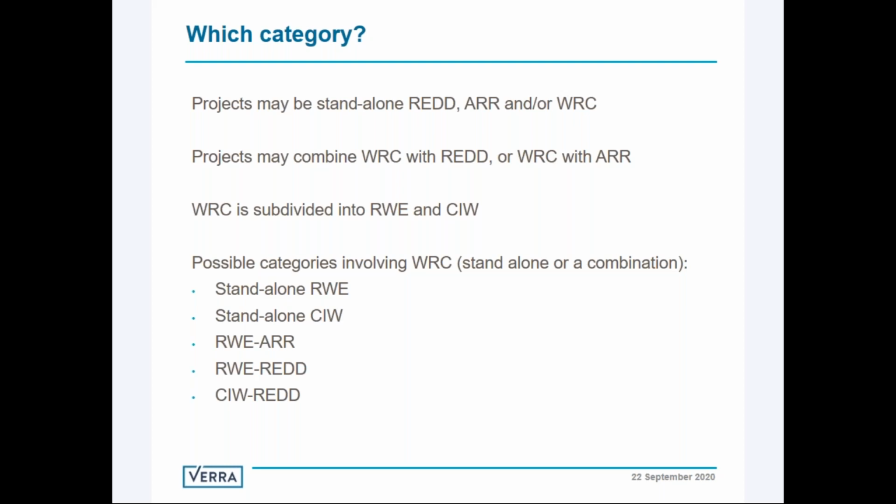So it has become very important to identify which category is relevant for your project activity. And so there are three main categories covered by VM7, which is the original REDD, there is ARR, and now with peatlands and tidal wetlands, there's also WRC as categories.